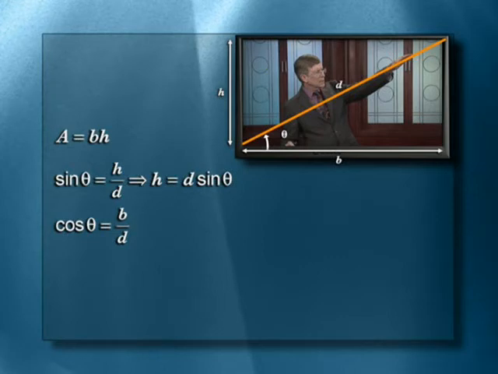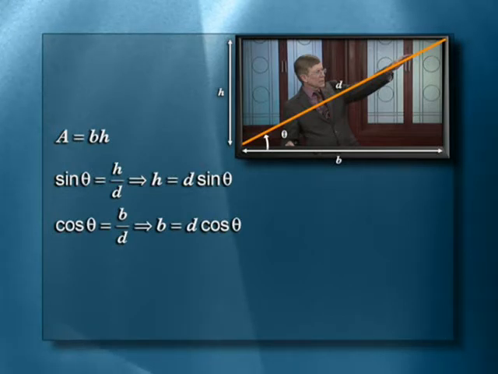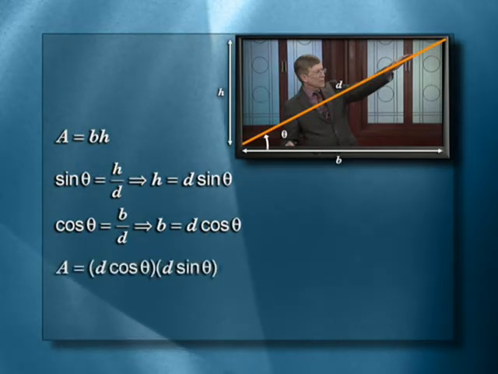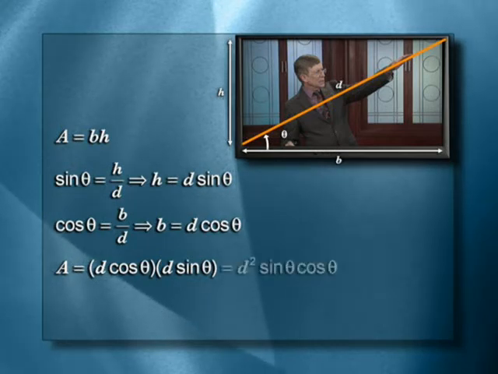Cosine is B over D, so B is D cosine theta. So we now know the height and the base in terms of D and theta. The area is base times height, so it's D cosine theta times D sine theta. Put them together, D squared sine theta cosine theta.